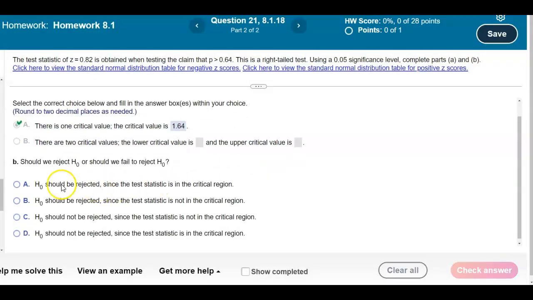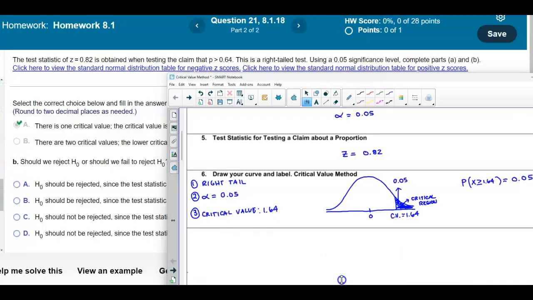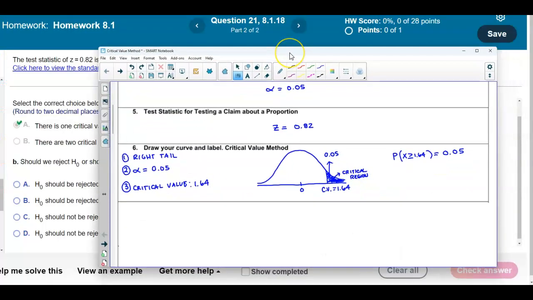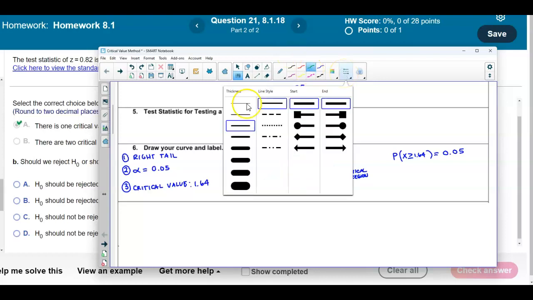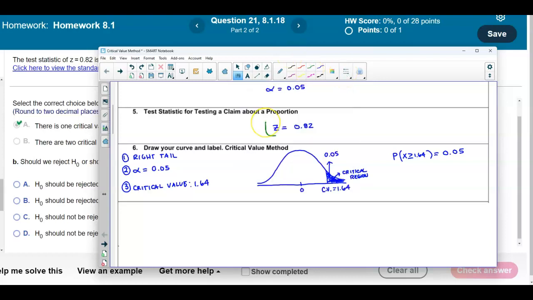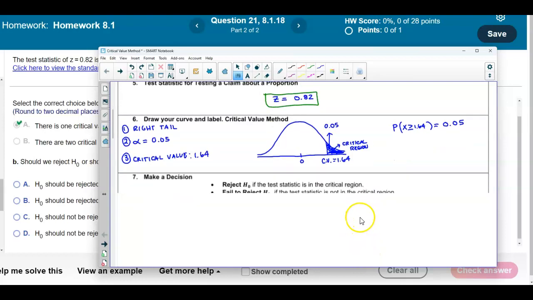Now we have to determine whether we reject the null or fail to reject the null, and we need to use the test statistic to determine that. The test statistic that we have is given to be z, which is equal to 0.82. So let's go ahead and write that: the test statistic is z, which is equal to 0.82.